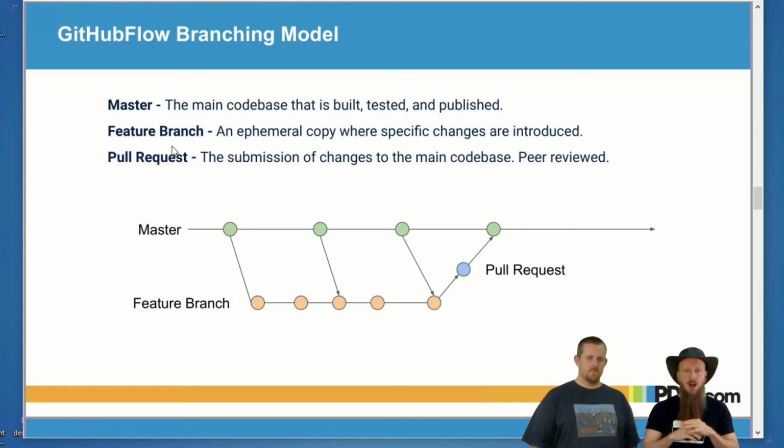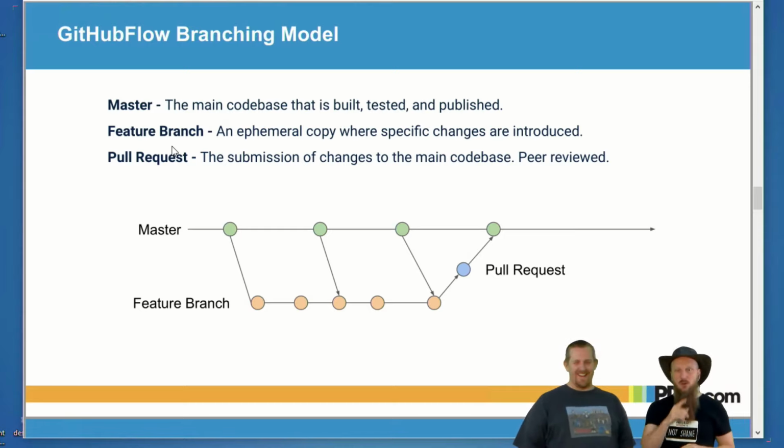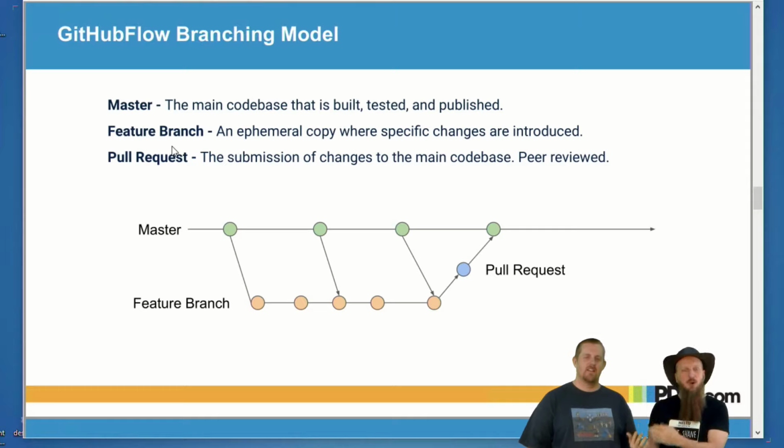That's where all of the integration is happening, and we build off of that. And so when we wanted to develop a new feature or a bug fix, because it does happen. Those never happen. Oh, no, it does. No. But what we would do is we would branch then, do those changes, and we would keep it in sync with master. And then what we would do is we'd have a pull request.